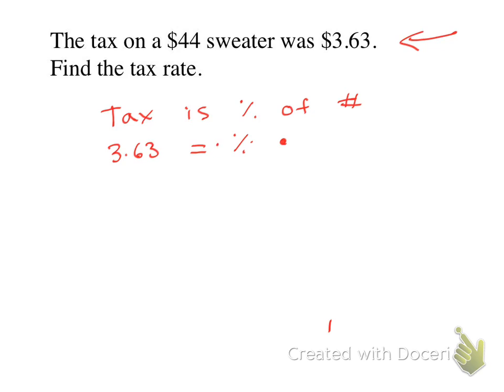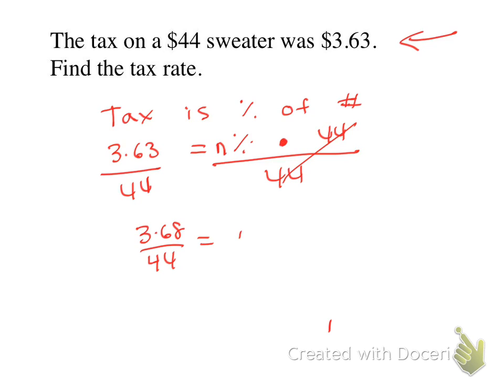So we're going to say n% of means times, and the number is 44. And then I solve it. I go right to where the other one built it. I actually kind of think I like that. So now I'm right back where we started. When you divide it out, we would get 0.0825 equals n%.